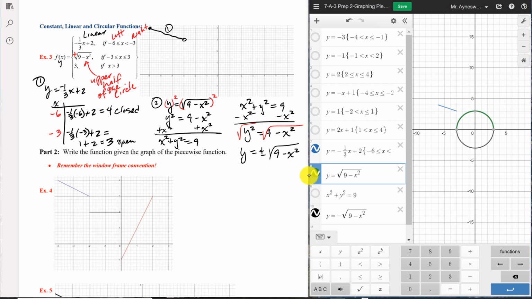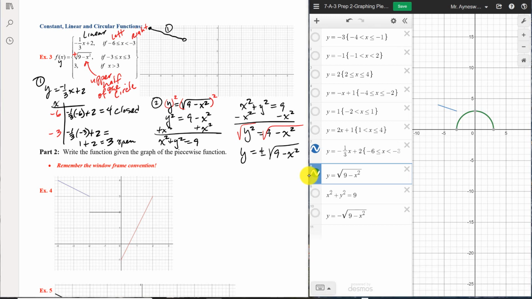Okay, so let me deselect this, and this is what we're dealing with here. We're dealing with a semicircle that starts at negative 3, 0, goes up to 0, 3, down to 3, 0. So let's graph that. So let's plot. And these are both closed. The interval's closed. So these are all closed.